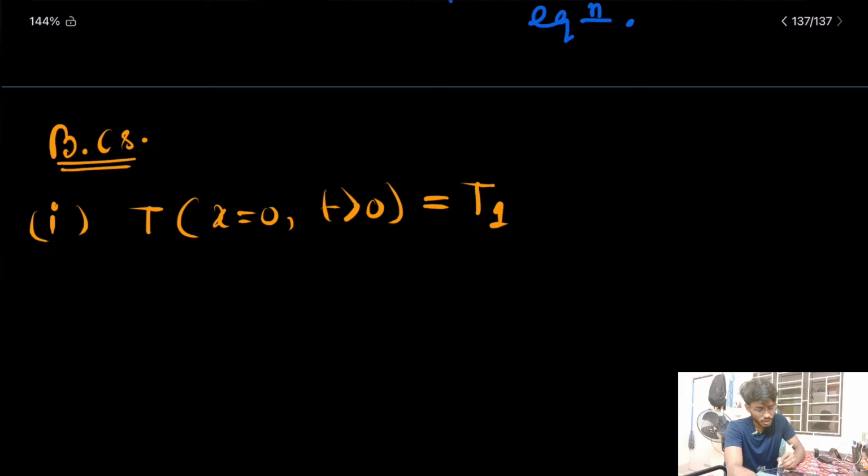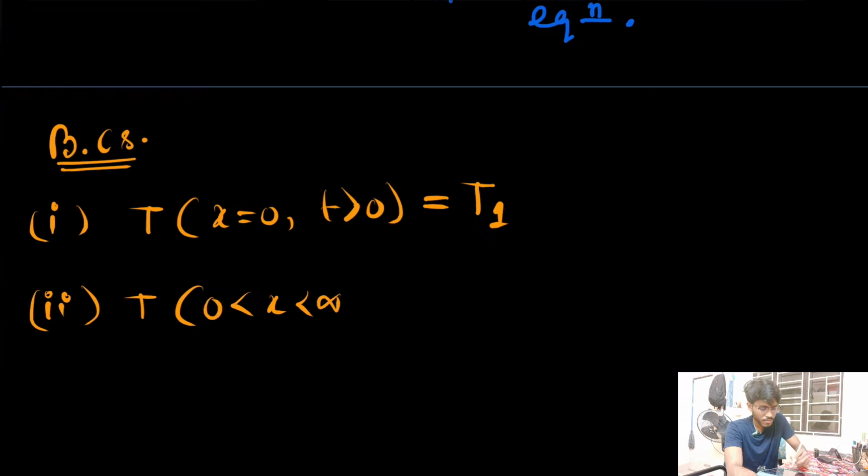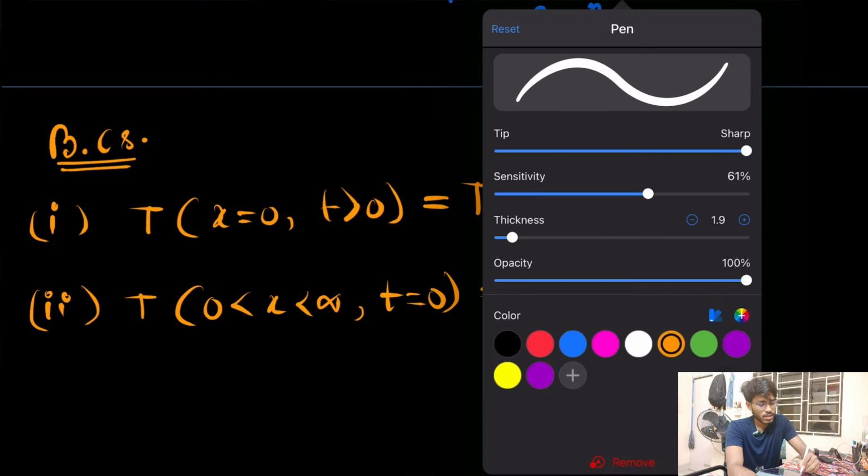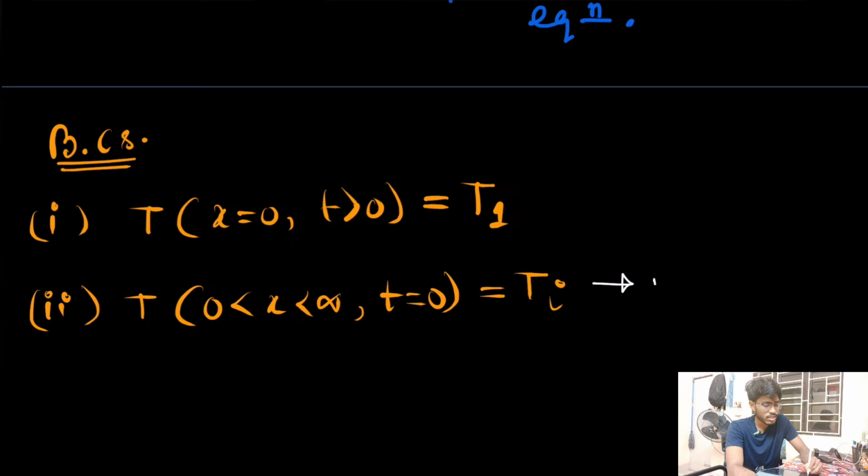So this is T1, and for all x at small t equal to 0, T was Ti. So this is actually the initial condition. Clear?